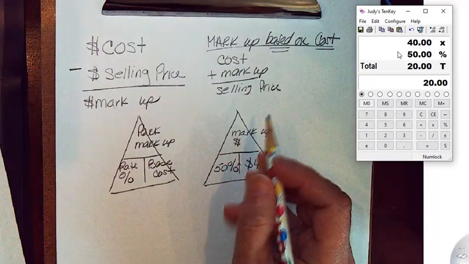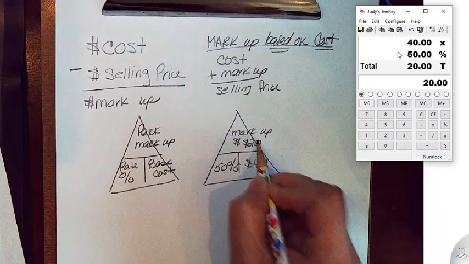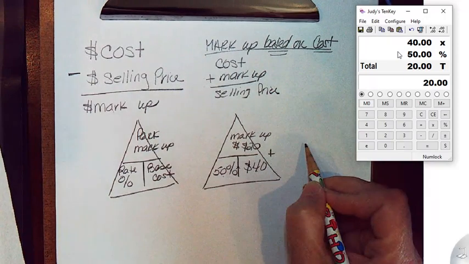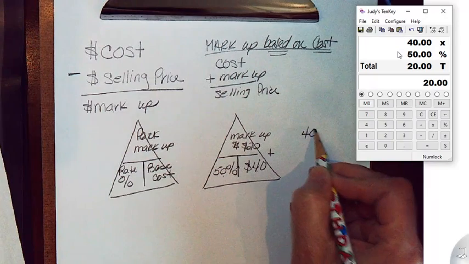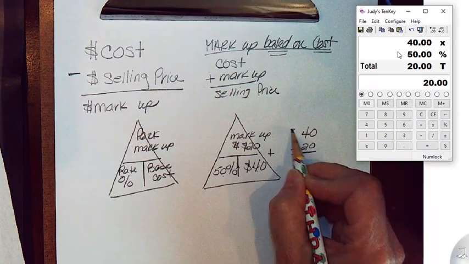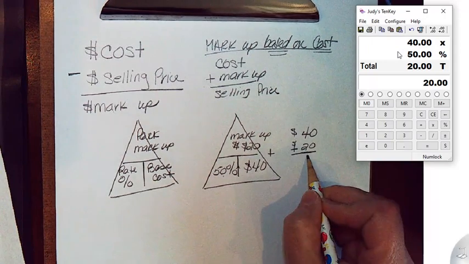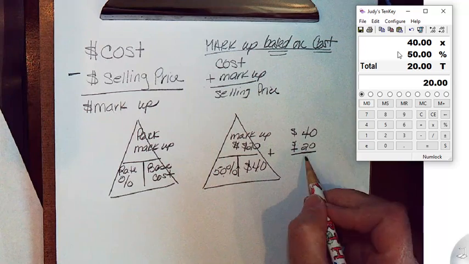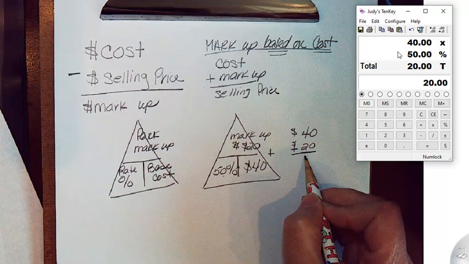So this is 20. So what am I going to sell it for? I'm going to take the base, the cost, plus the markup, and I'm going to sell it for $60.